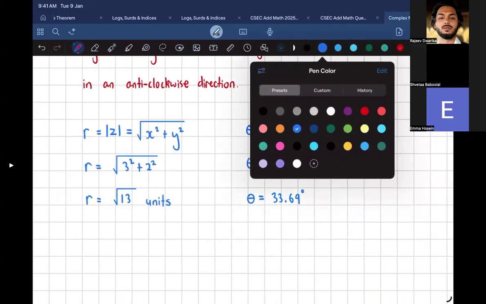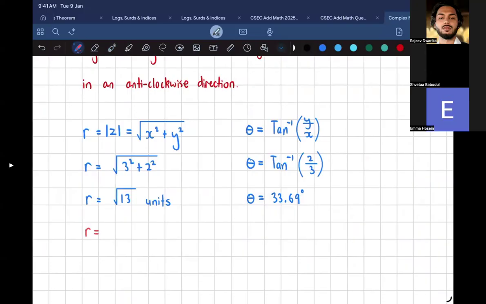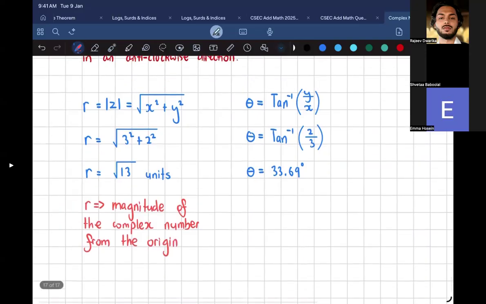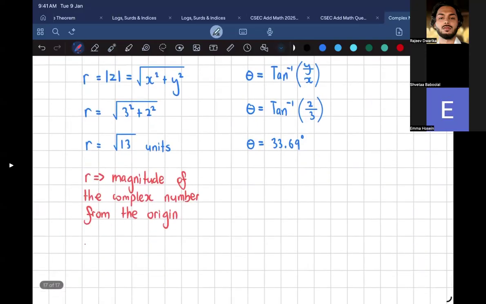So R is the magnitude of the complex number from the origin to the point on the Argand diagram.